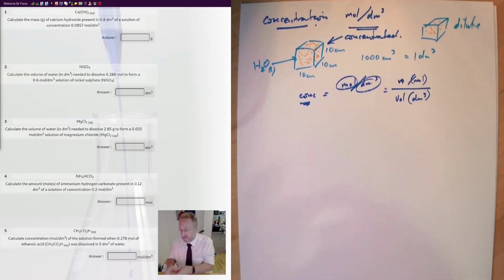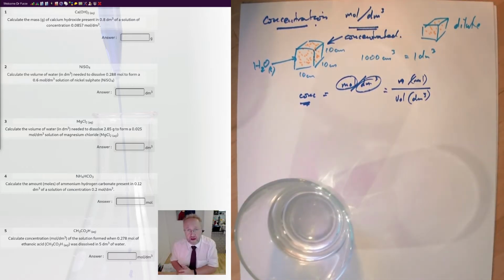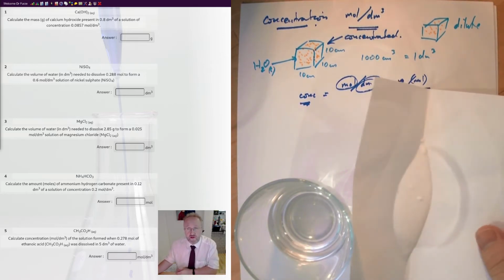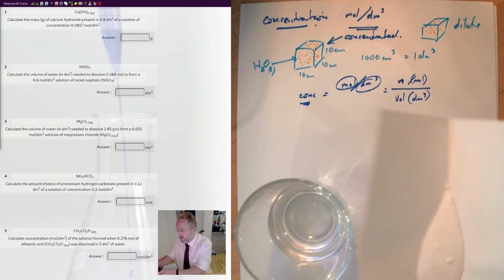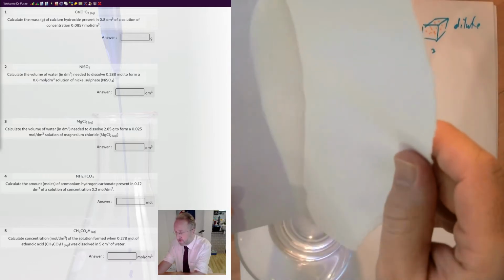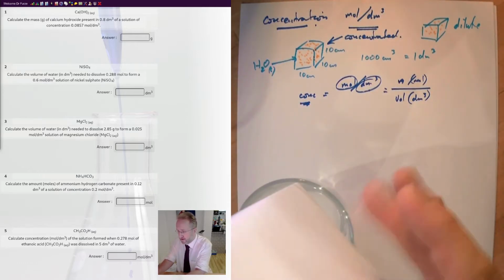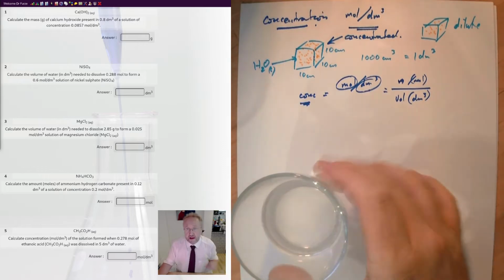If we have a solvent and we have a solute, we can make a solution. So here I have 0.5 grams of salt and I have 50 cm cubed of water. So what we're going to do is add the salt to the water to make a solution.